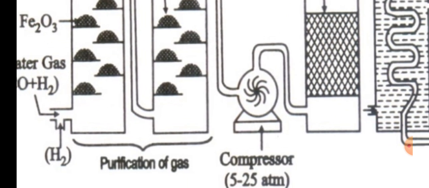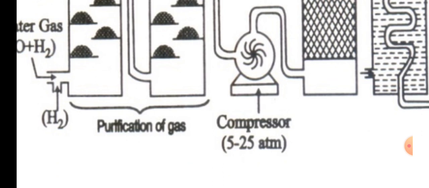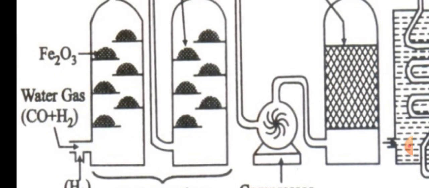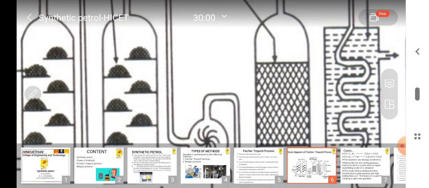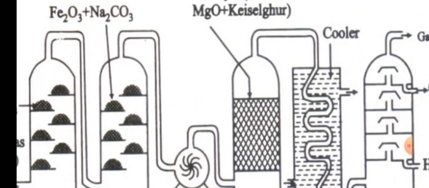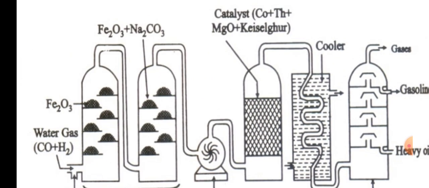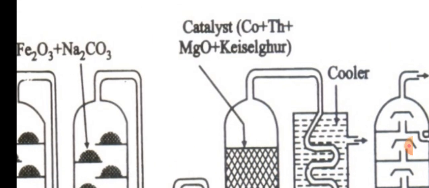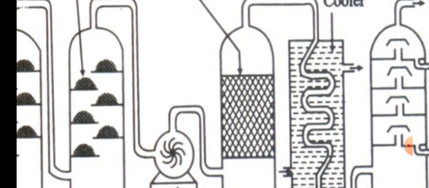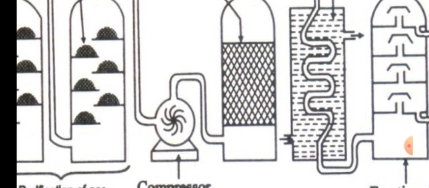Through a compressor, 5 to 25 atmospheric pressure is applied, and this whole gaseous fuel is compressed and passed into the next chamber, which is the converter. Inside this converter, the catalysts present are cobalt, thorium, magnesia and Kieselguhr.